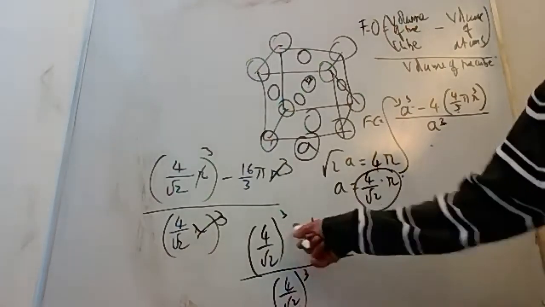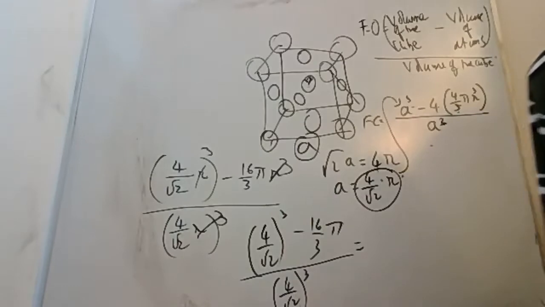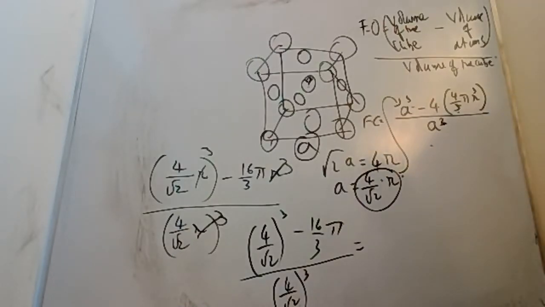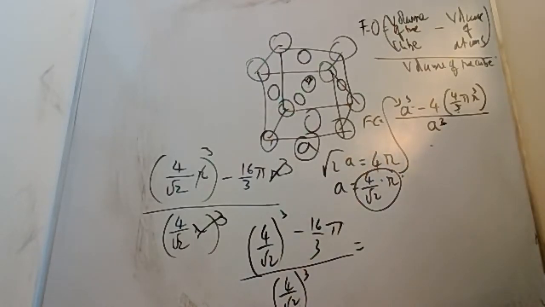You need to calculate independently 16/3 pi, and 4 over square root 2 cubed, divided by 4 over square root 2 cubed. When I put questions like this on the board, it gives me an idea about how much class participation I'm seeing.